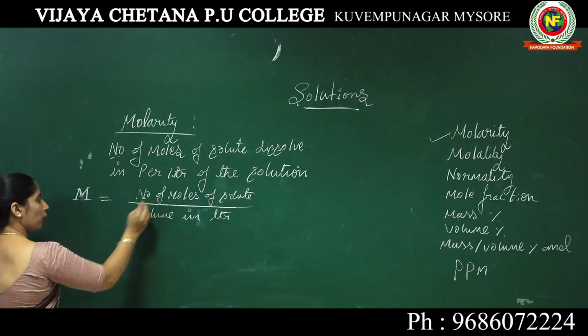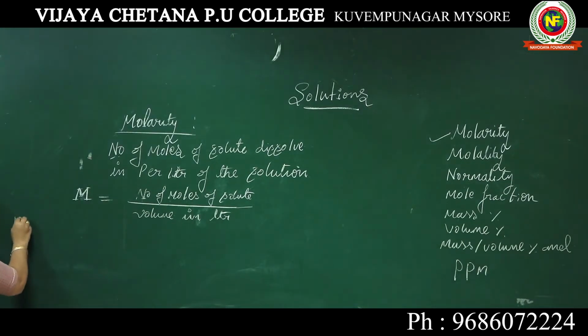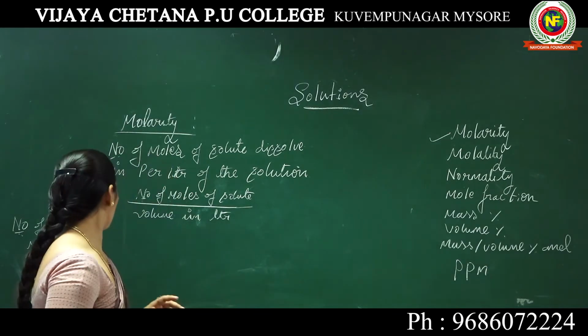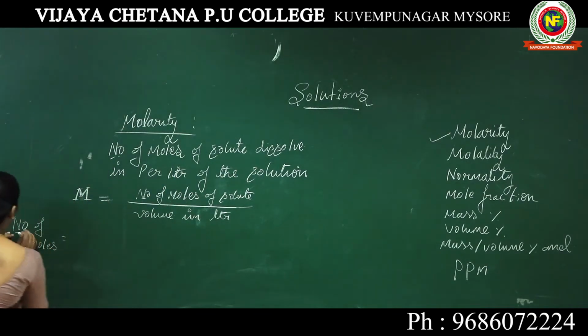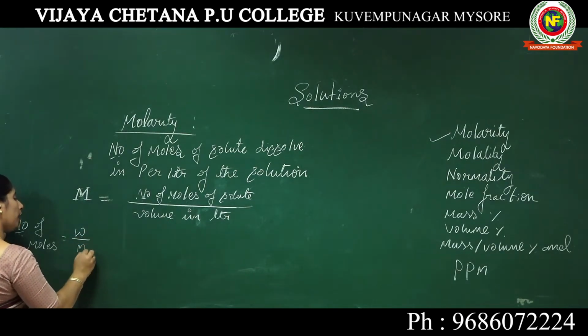We know how to find out the number of moles. In the last class we discussed some of the basics: how to find out the number of moles, how to find out the molecular mass. Yes, right. So now please apply these basics. Number of moles is nothing but what? The given weight divided by the molecular mass.